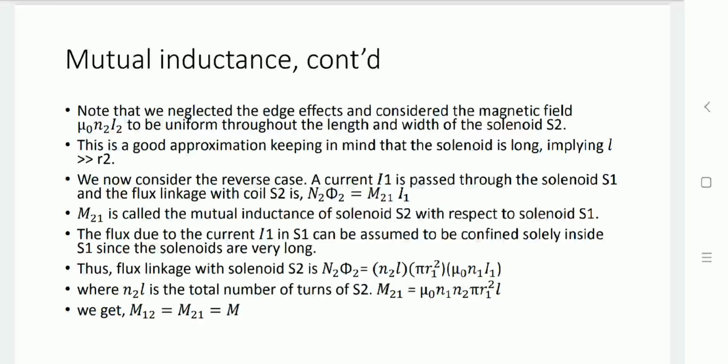So the flux linkage N2 phi 2 is available on solenoid S2 due to the current I1 in solenoid S1. So my equation becomes N2 phi 2 proportional to I1. While we are removing this proportionality, we can replace it with the mutual inductance M21.